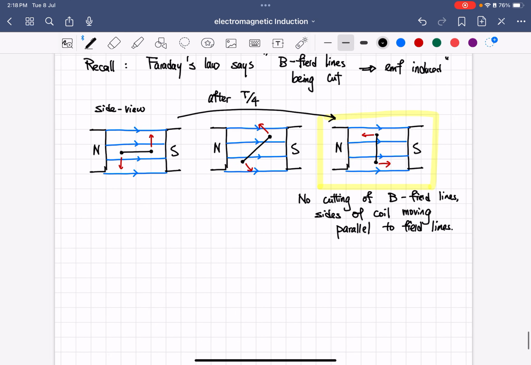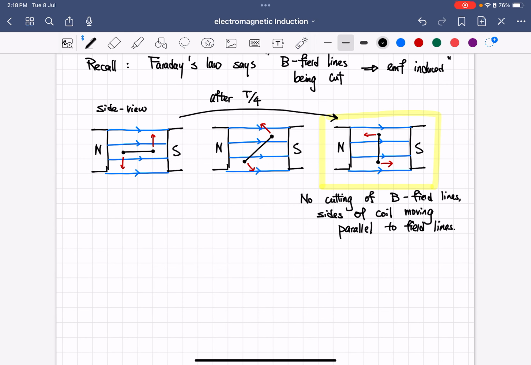As a result, we conclude that at this instant there is no EMF induced.